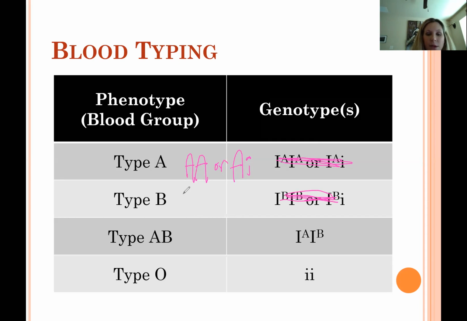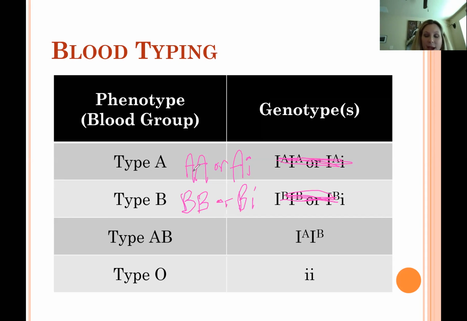If someone has type B blood type, they are either big B, big B, or big B, I. So they either got a dominant B from one parent and a dominant B from another parent, or they got a dominant B from one parent and the recessive from the other. And I'm going to tell you exactly what blood type means and what the dominant A and dominant B and I actually mean in just a minute once we get this down.